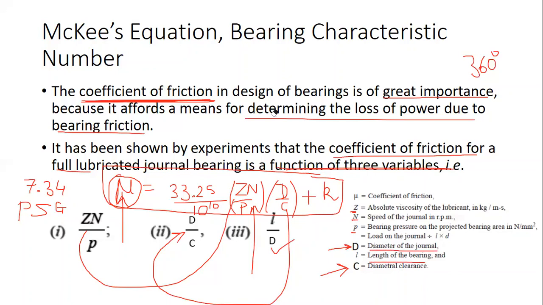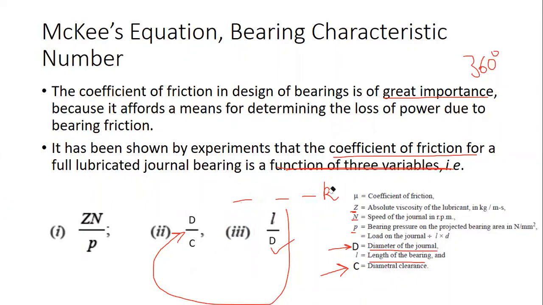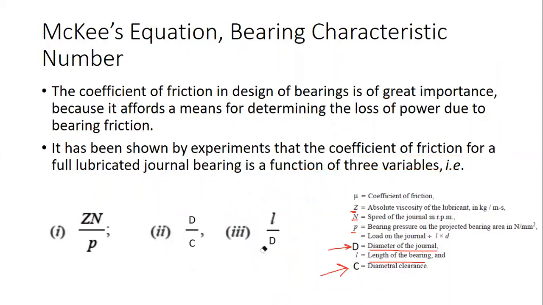So, what I'm trying to say is that coefficient of friction mu is the function of these three variables, Zn by P, D by C, L by D. These are all dimensionless number. So we can say that coefficient of friction depends on Zn by P, D by C, and L by D.